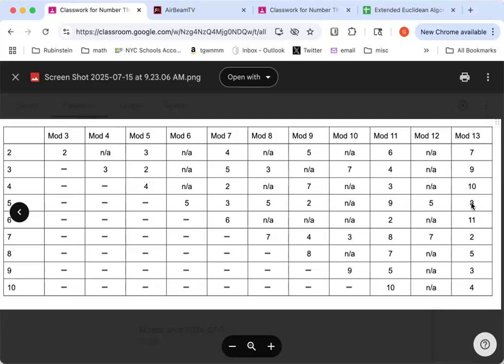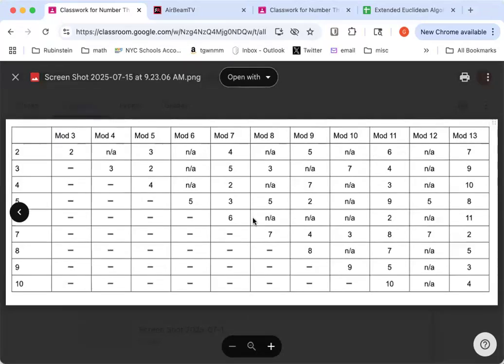So 5 times 8 divided by 13 is remainder 1. 6 times 11 is 66. 13 times 5 is 65. So it is true.